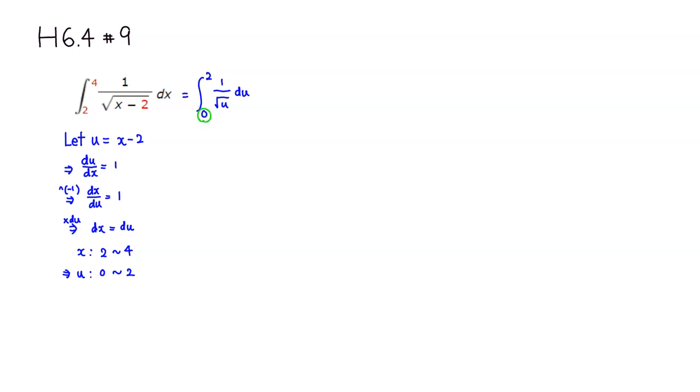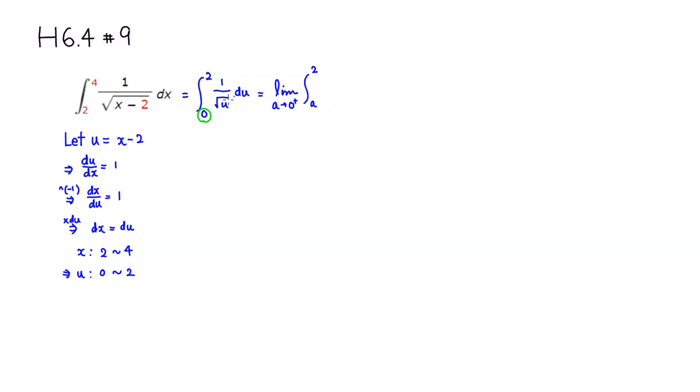So what we can do is turn this into a limit. We want to take the limit, and I'm going to replace 0 by, say, a. And 2 is okay, so I keep it in. And a is going to approach 0 from the positive side because this is a lower limit.